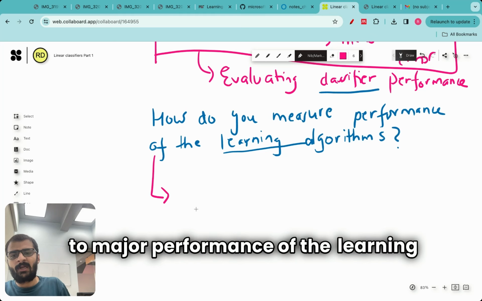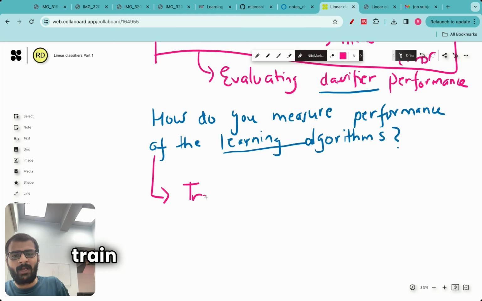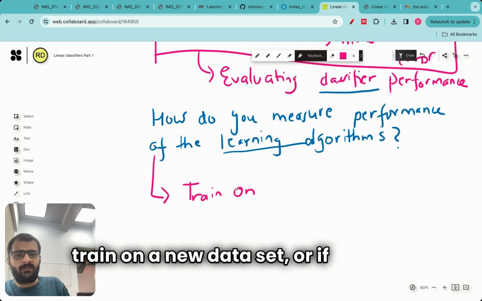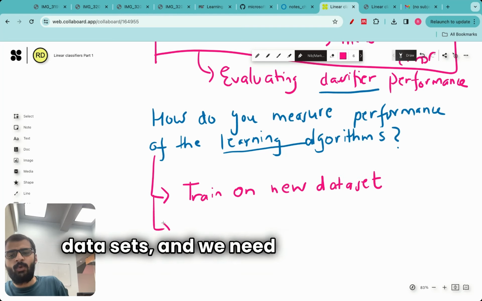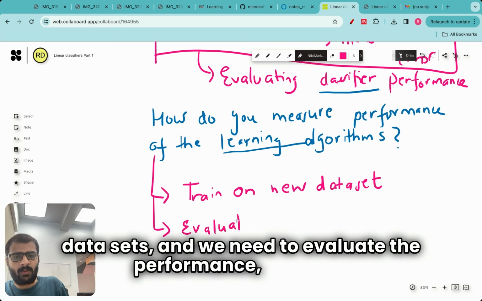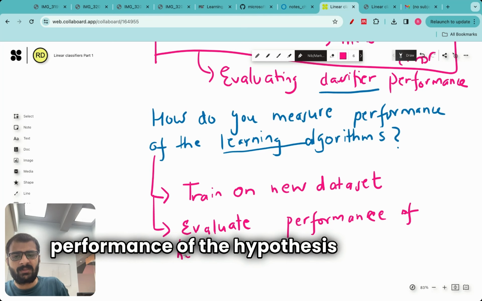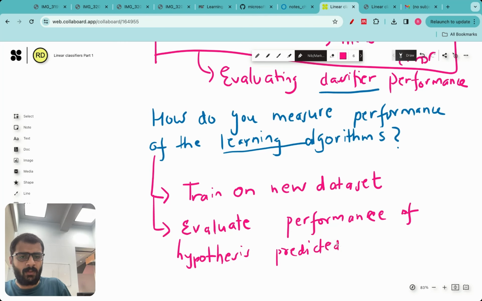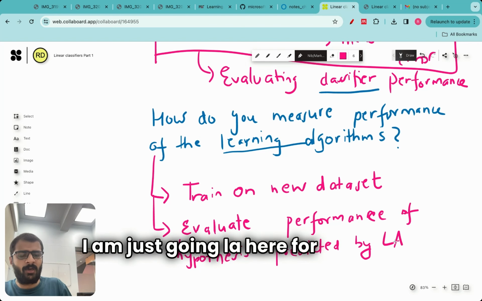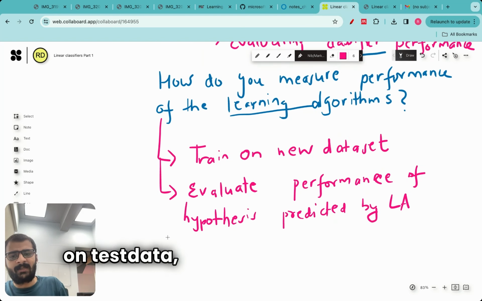To measure performance of the learning algorithm, we need to train on a new data set, or if we have a lot of data, we need to train on new data sets, and evaluate the performance of the hypothesis predicted by the learning algorithm, I'm just calling it LA here for learning algorithm, on test data.